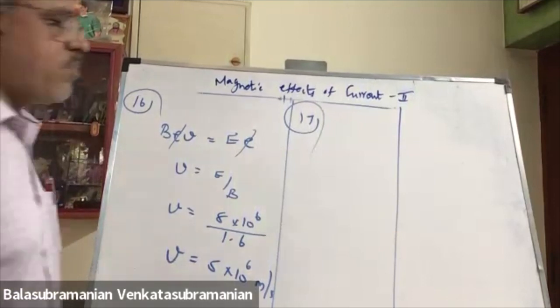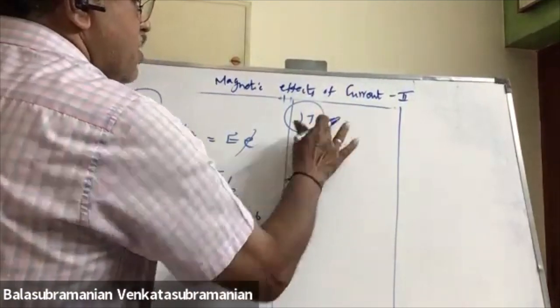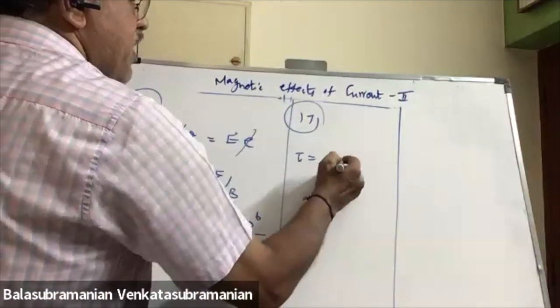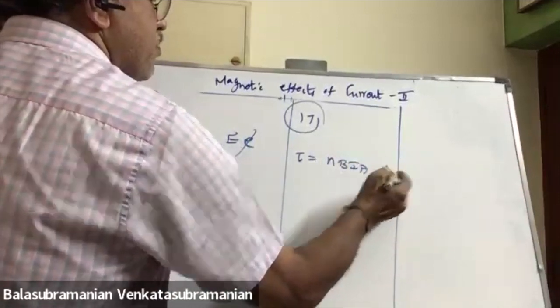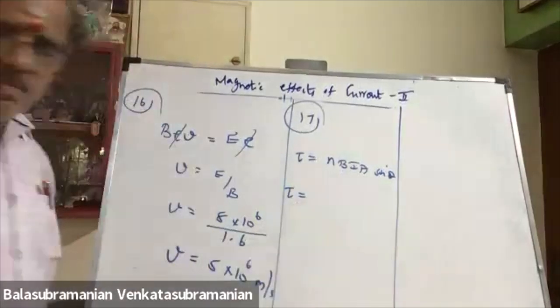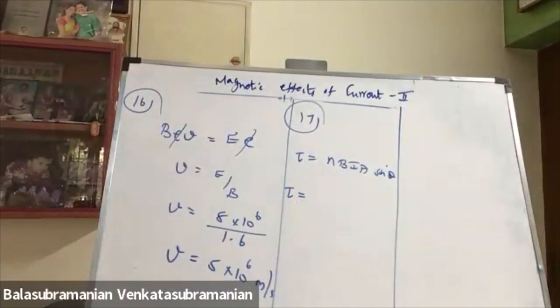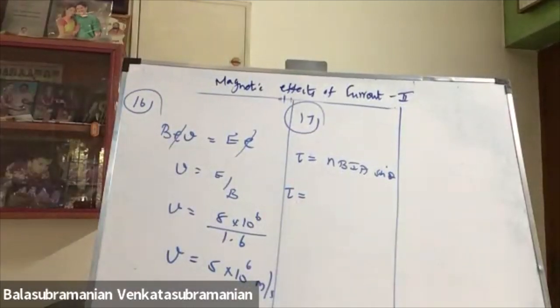Already we have seen the formula for torque. Tau is equal to NIAB sin theta. Number of turns given is 1. Current is 10 ampere. B will be 0.1 Tesla.